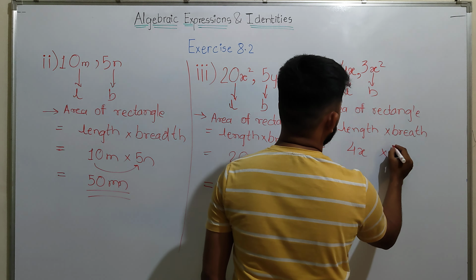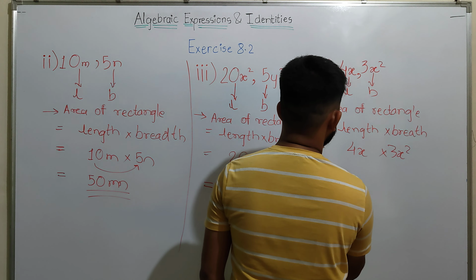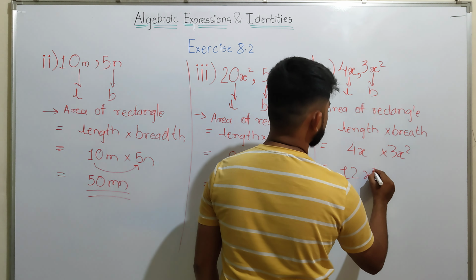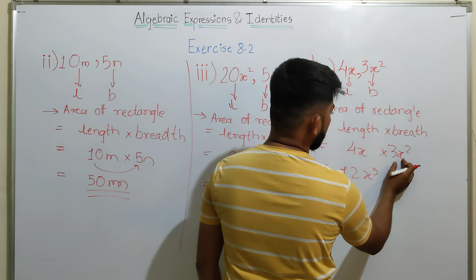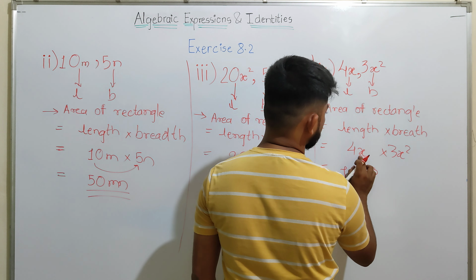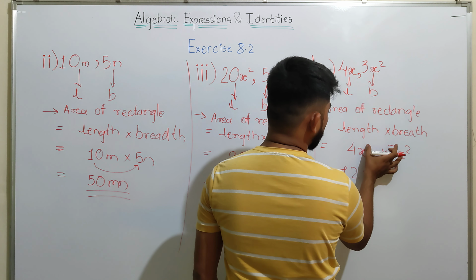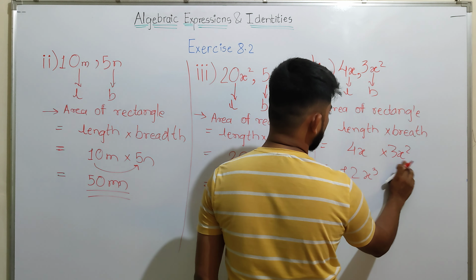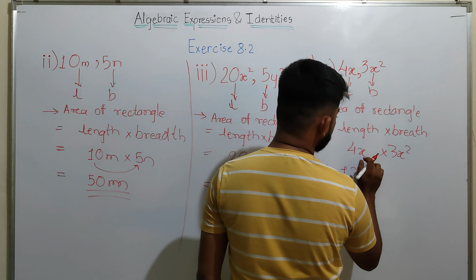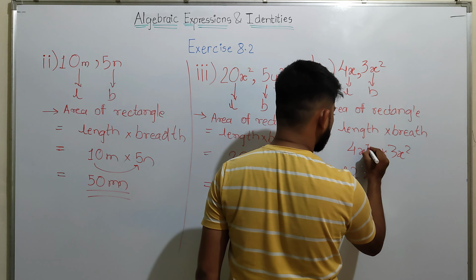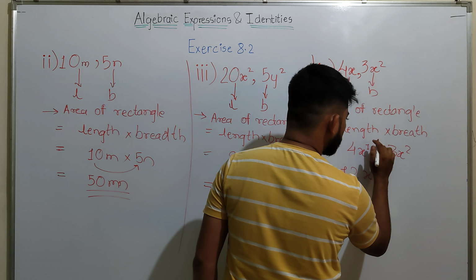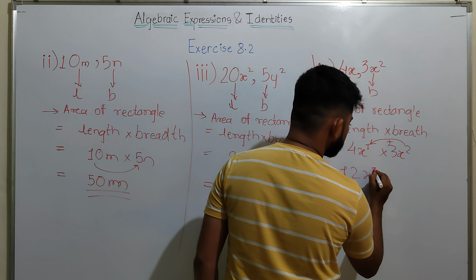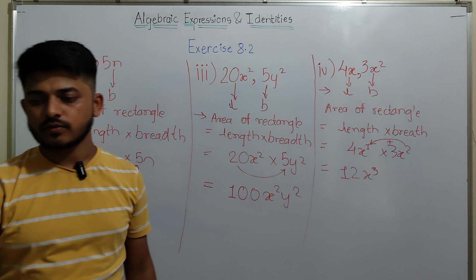What is breadth? We have 3x square. Now see here, 4 threes are 12, x into x square, x cube. Why? Because x square into x: while multiplying, the powers of these two bases get added. The power of x is not given, but by default it is 1. So if you multiply, these both get added and it becomes 3. So it is 12x cube.